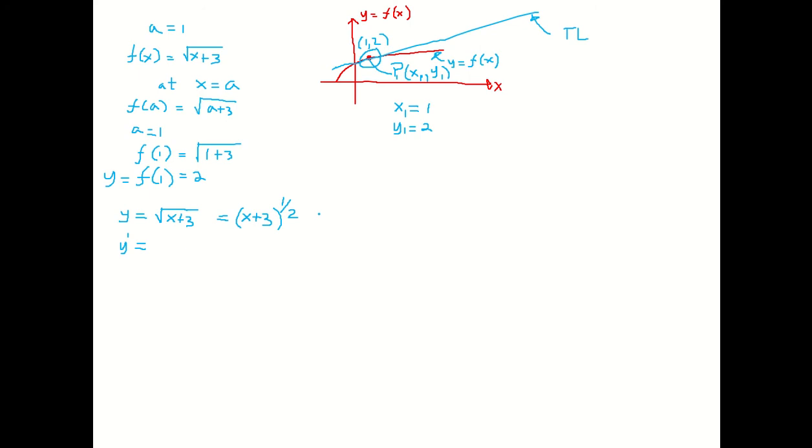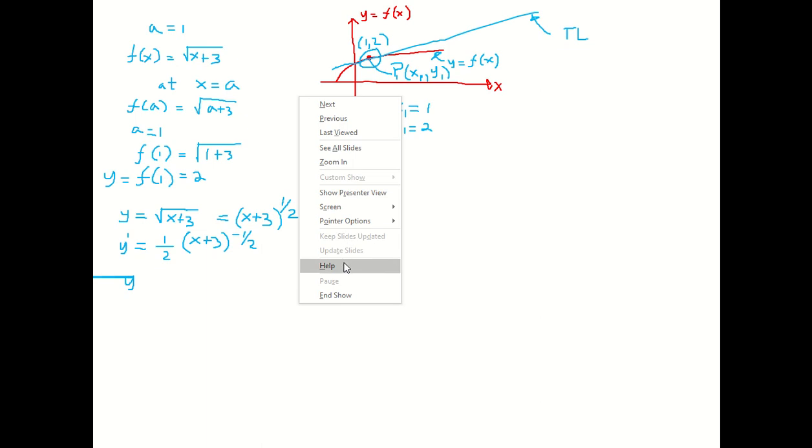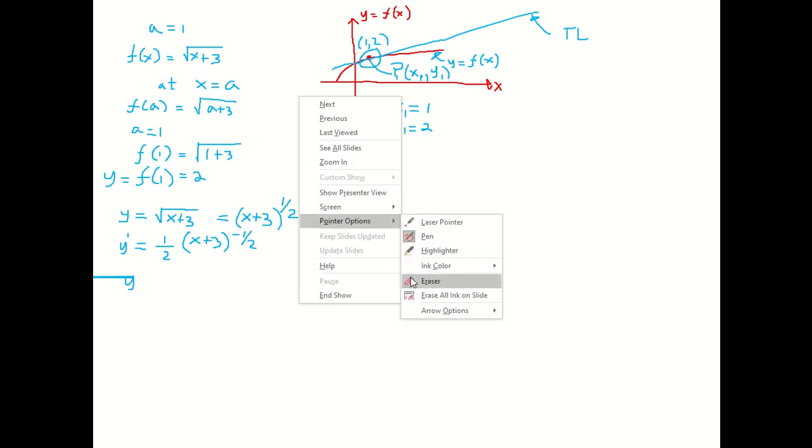So differentiate this using the power rule. We have 1 half times x plus 3 raised to a power, what is 1 half minus 1? So 1 half minus 1 is negative 1 half. If you bring this down, it becomes positive, and the power 1 half means square root.